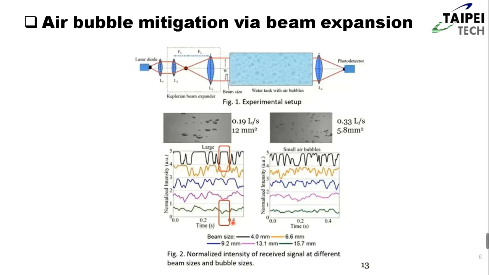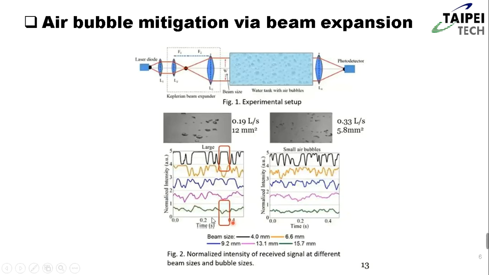Bubbles may degrade the communication channel. They can cause a deep fade or light scattering, resulting in communication failure. So how can we resolve this problem? The best answer is using a wider beam. Some of the light will not be affected by the bubbles.